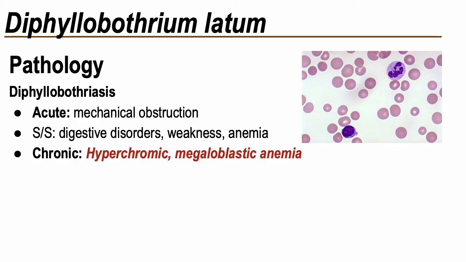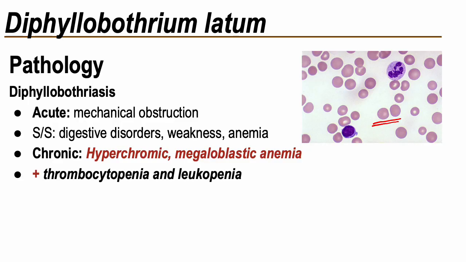So this is a type of anemia where red blood cells appear to be bigger and have no central pallor, just like here on this particular blood work. So what happens in megaloblastic hyperchromic anemia is that the parasite competes with the vitamin B12 present in our diet.